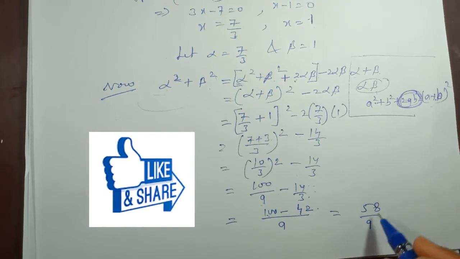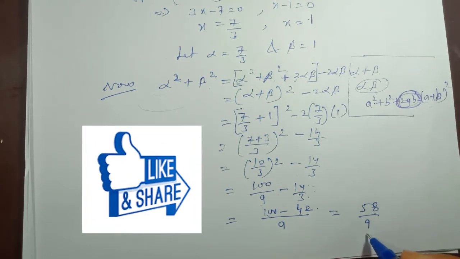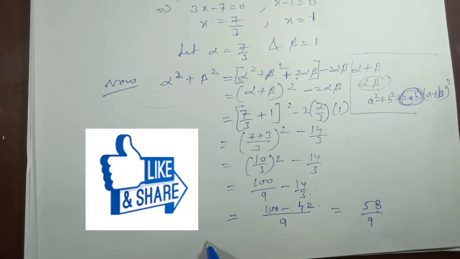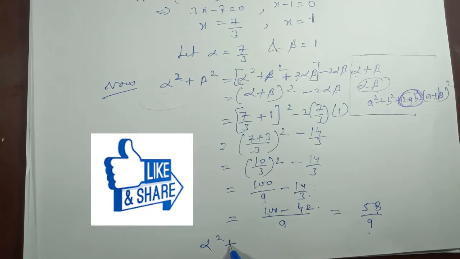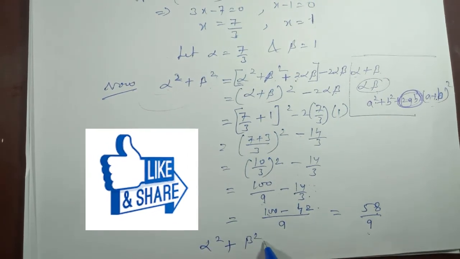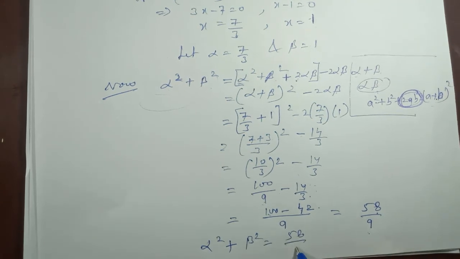These two numbers are not cancelled by anyone. So we can say the value of alpha square plus beta square is equal to 58 by 9.